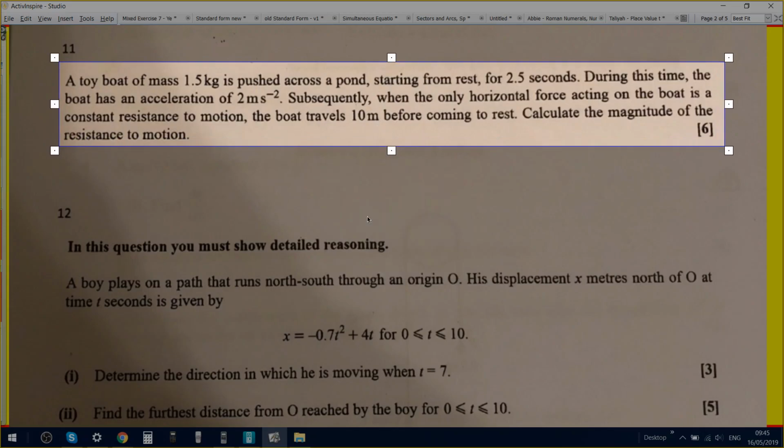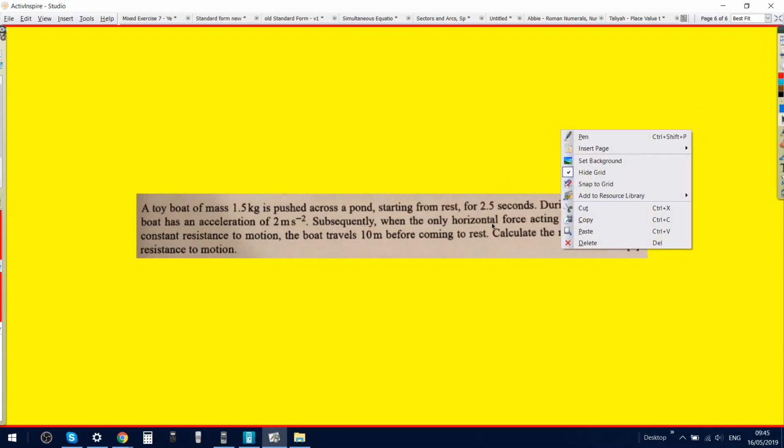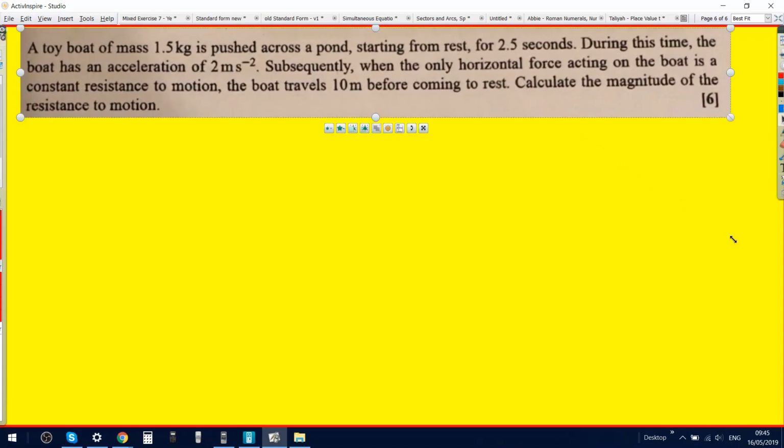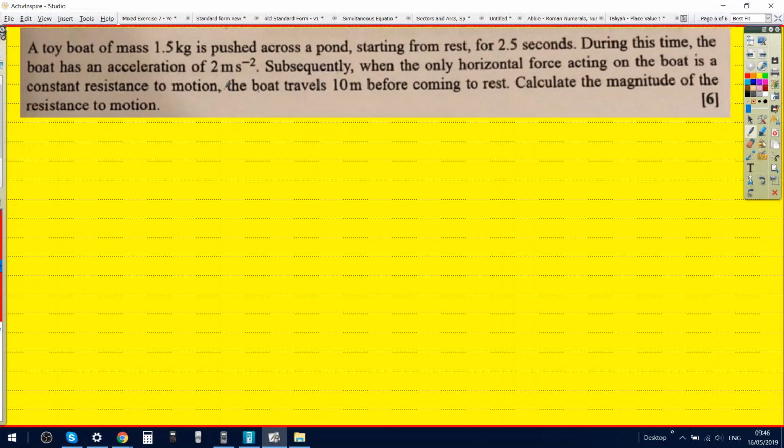Okay, how about this one? I struggled with this one in the exam because I was trying to work out what to use. Was it SUVAT? There's definitely some SUVAT stuff you can do. Let's take a look. So the mass is 1.5.